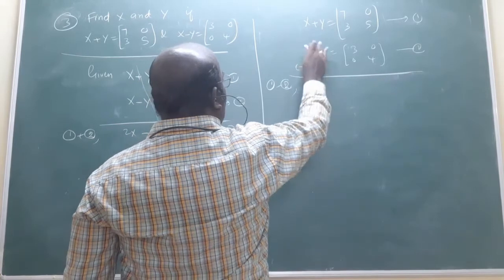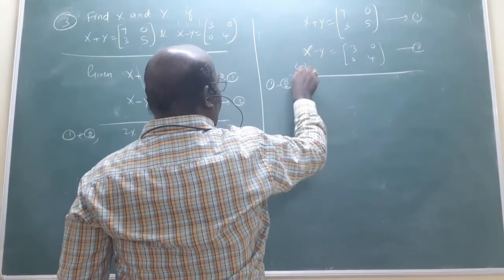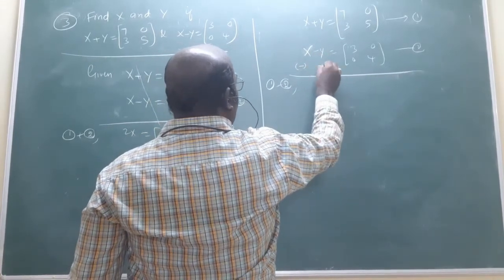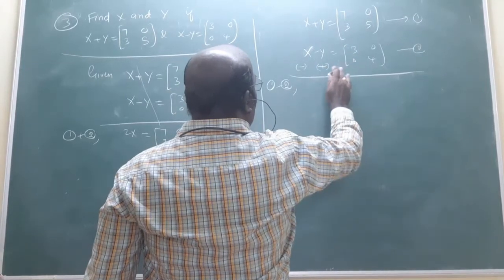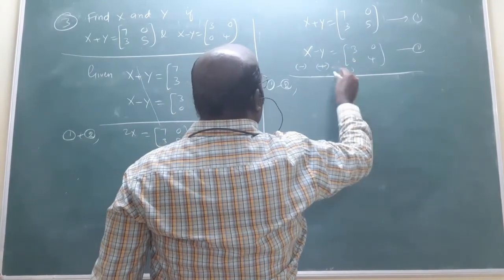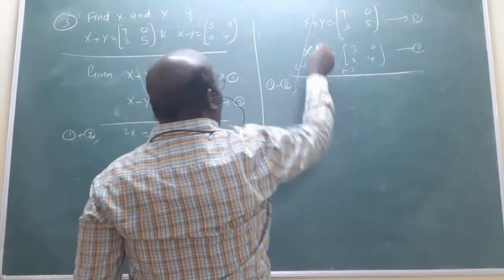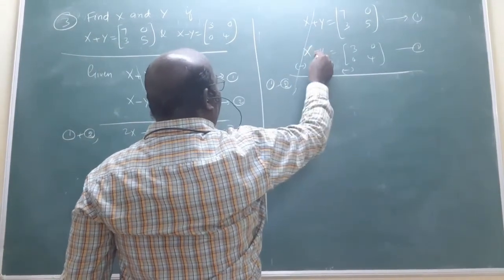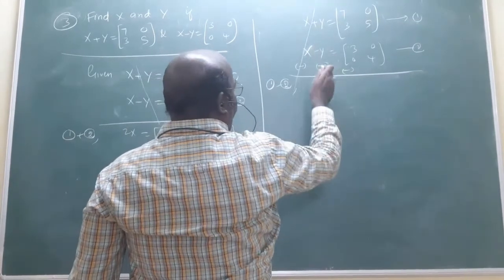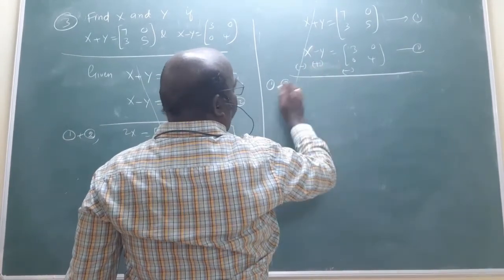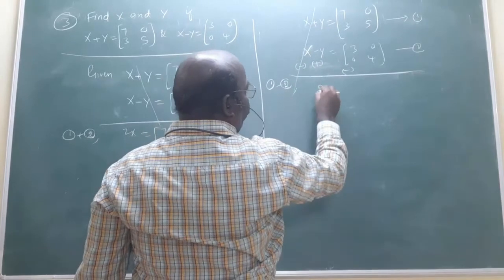Here, plus is there, that is minus. Here minus is plus. This will be cancelled. About Y plus Y, the minus is still plus, Y plus Y. Am I right? Y plus Y equal to 2Y.